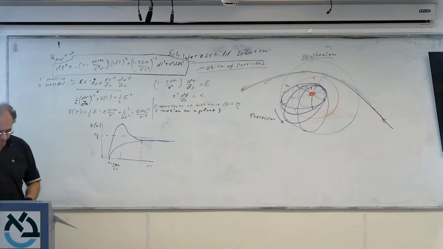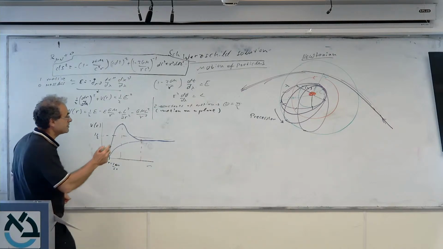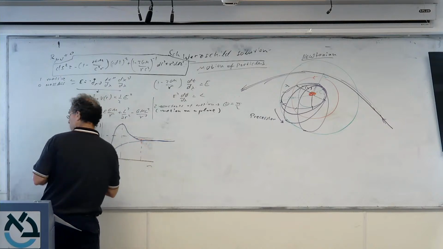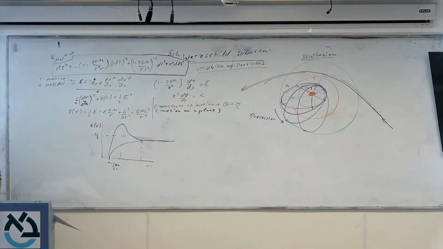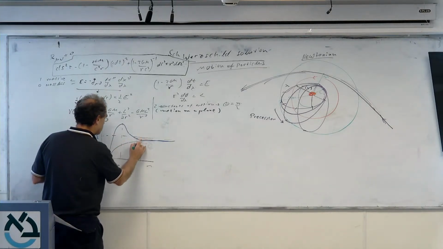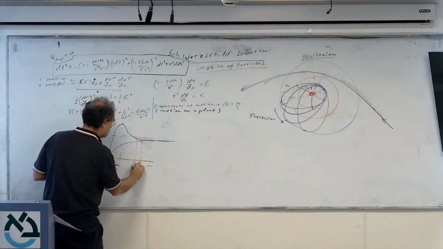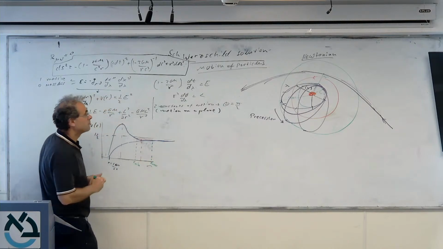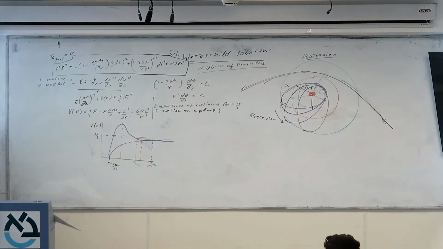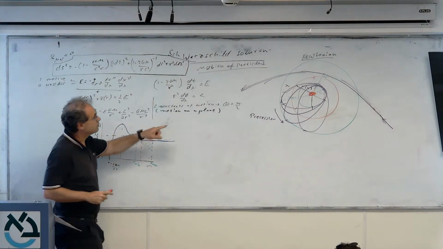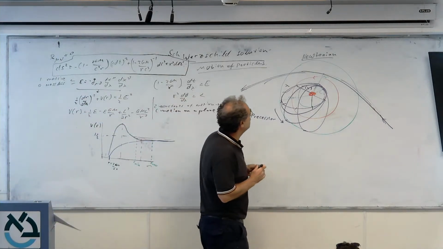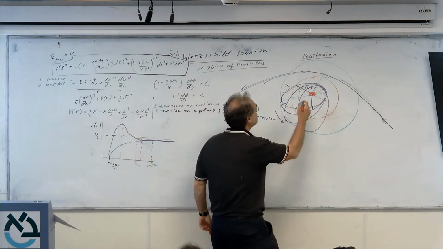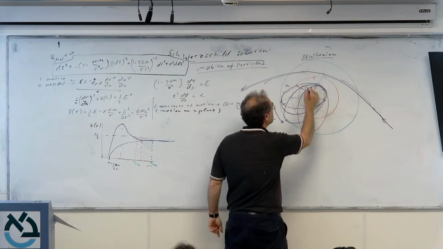And of course, we also have bound orbits of the same type that we had previously, between R min and R max. It will be very similar to what we just drew. But we also have to add now this unstable orbit. So we do something like that.